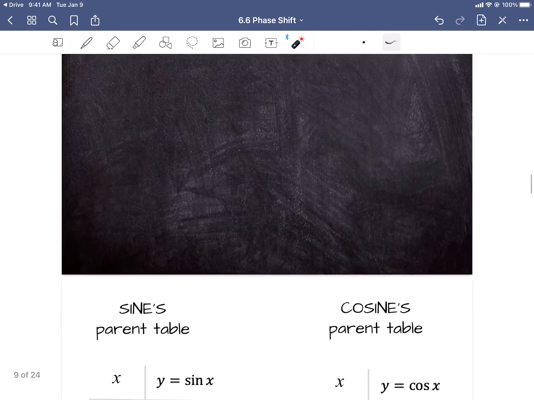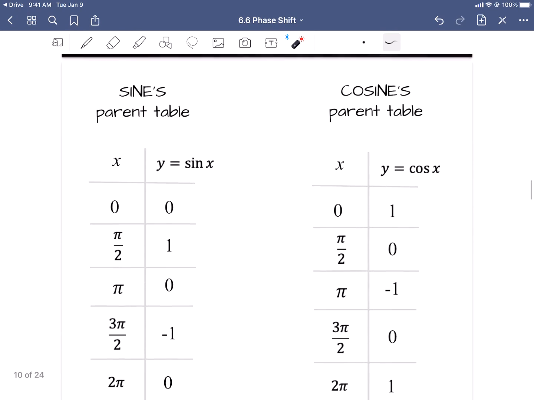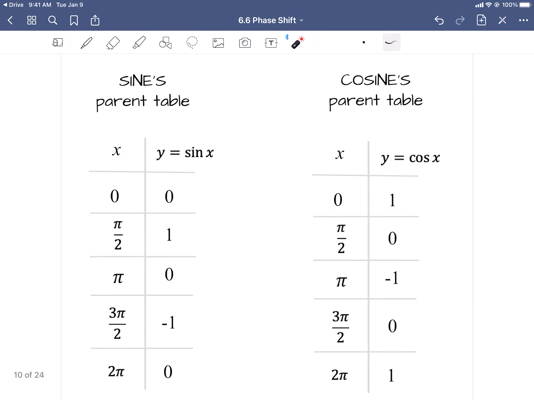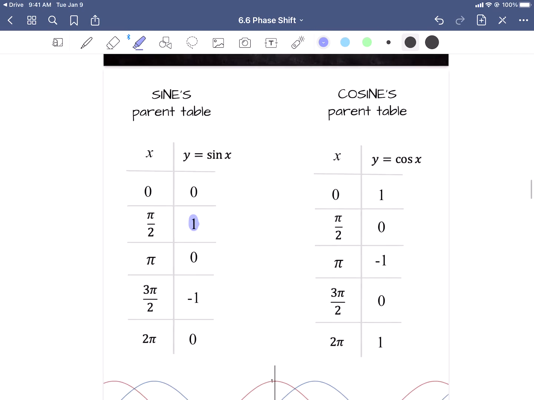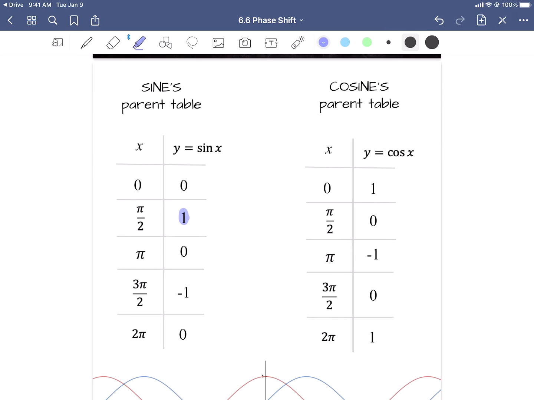All right. So why are we calling these sinusoidal functions? So we wrote down our parent tables again, and I noted that they're the same. Actually, where did I do this at? 1, 0, -1.